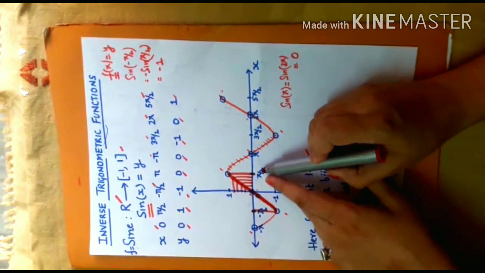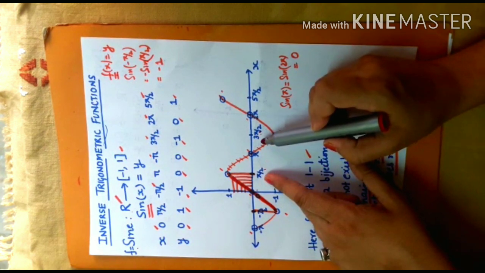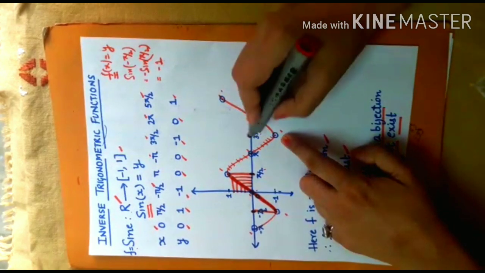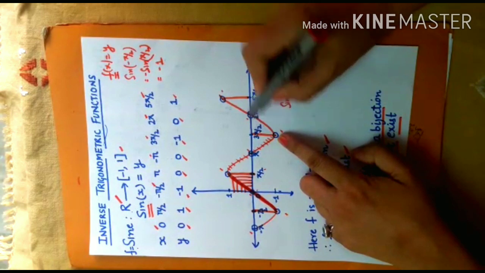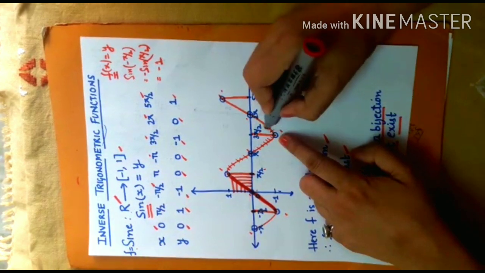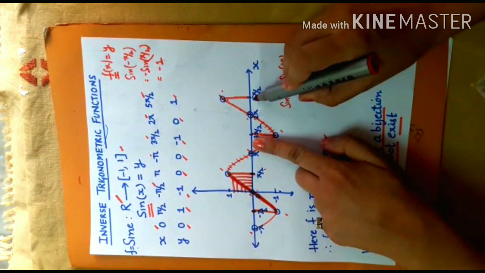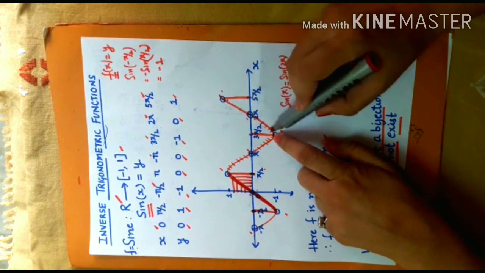So if we restrict the domain to pi by 2 to 3 pi by 2, then also we can talk of inverse of sine function. Similarly here, if I take the portion from 3 pi by 2 to 5 pi by 2, that is this part. So again the function will be both 1 to 1 and onto. So therefore we can talk of the inverse of sine function.